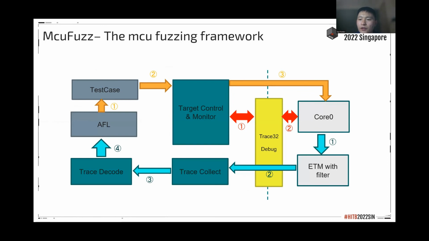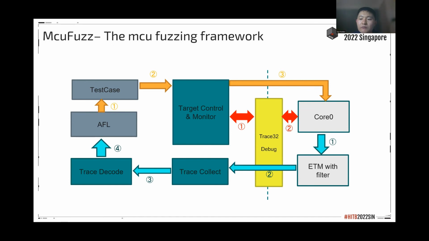After introducing ETM and Trace32, let me introduce the overall architecture of MCUFuzz. The core agent of MCUFuzz is based on AFL. We add a middle layer between AFL and the MCU target. This middle layer is responsible for communicating with the debugger and controlling the target to run or pause.